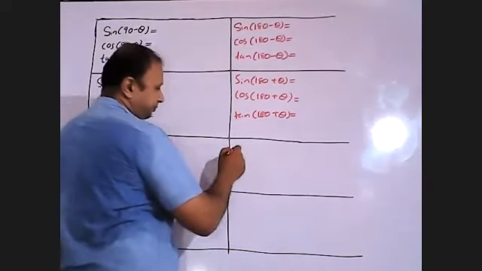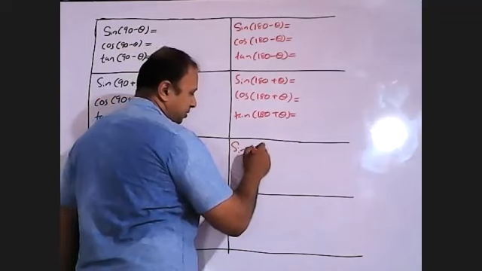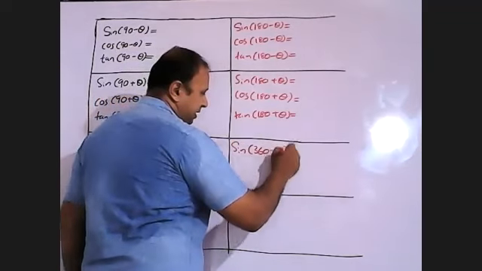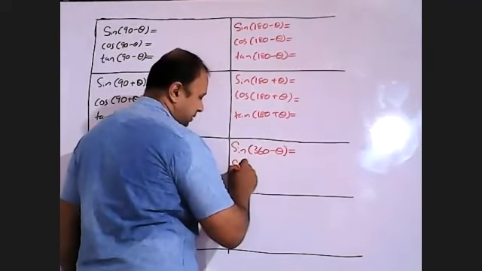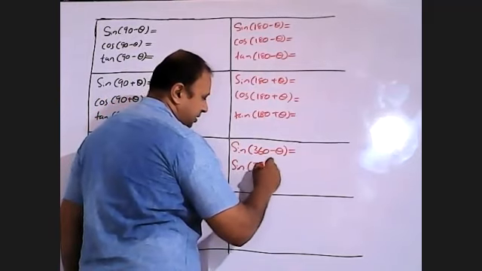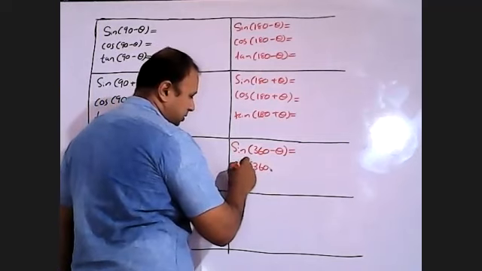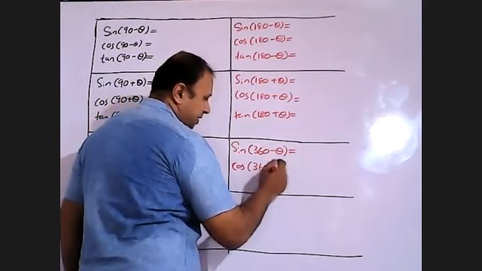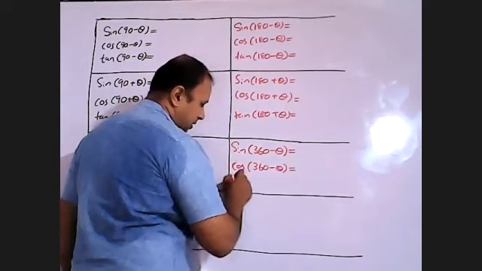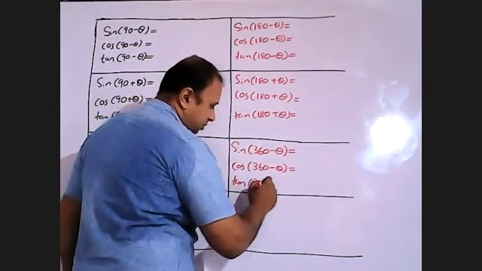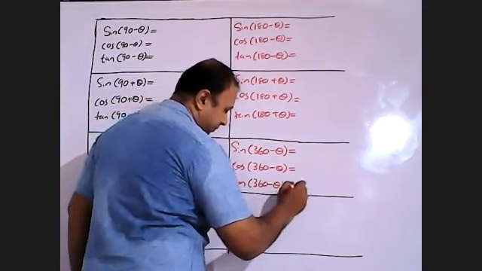Then sine 360 minus theta, cos 360 minus theta, tan 360 minus theta.